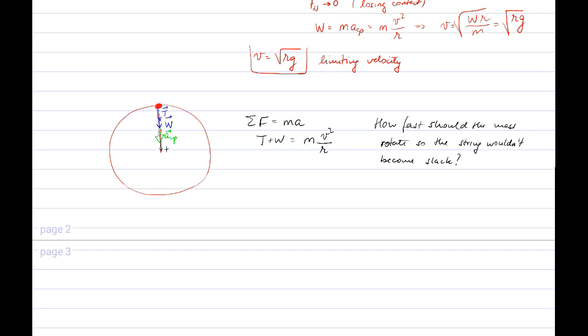So becoming slack means that the tension would go to 0. So again, when we set tension equal to 0, we're left with the weight is mv squared over r, and just like in the above problem, you end up with the velocity is square root of rg. Now this is not to say that it's the exact same problem as the one above. It is similar but not quite exactly the same.